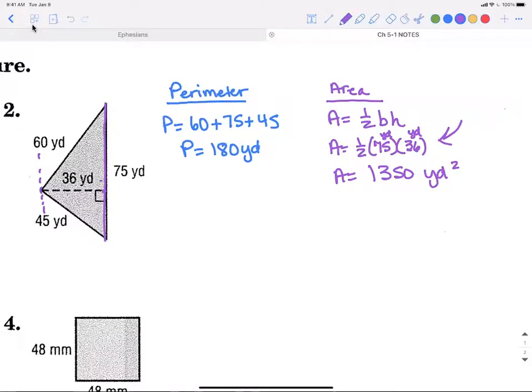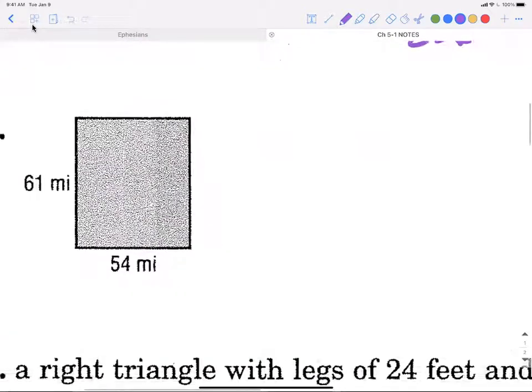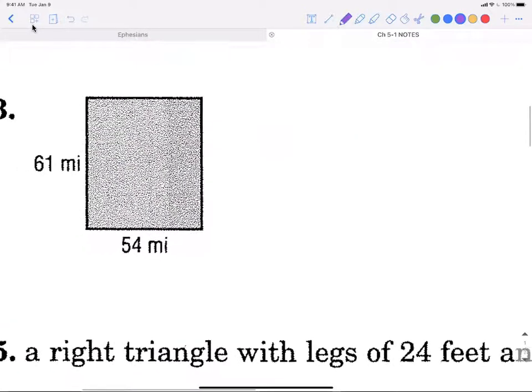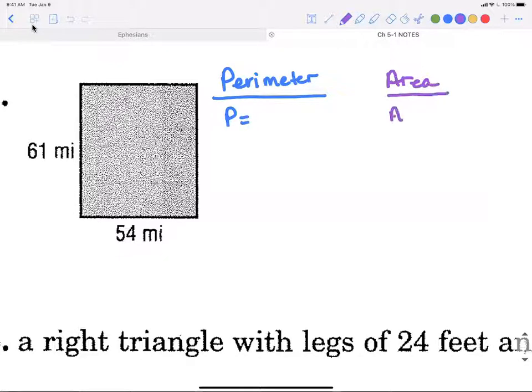Okay. All right. So when we have a rectangle, sketch this in your notes really quickly. All right, so finding the perimeter, okay?